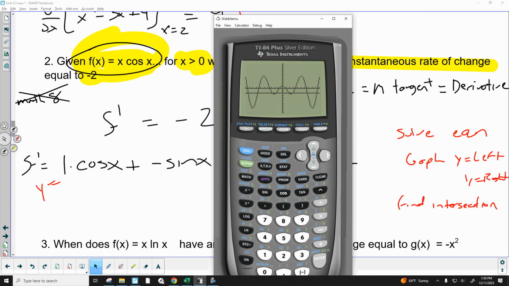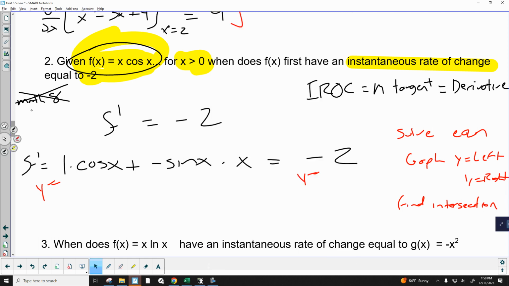All right, now I have multiple intersections. Did I do something wrong? No, it says for x greater than 0, when does f of x first equal negative 2? So I'm looking for our first intersection. That's greater than 0, yeah.